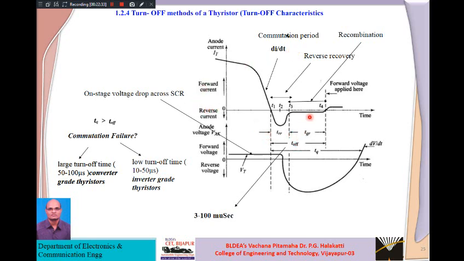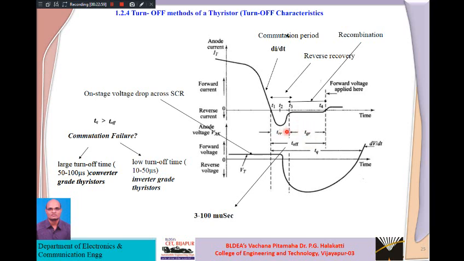So what will we do? Anyhow your leakage current or minority carriers are settling down; let them settle down, and the forward voltage should be totally reduced. That is known as the gate recovery period. During the gate recovery period we are extending this recombination of minority carriers so that your forward voltage will be totally blocked.